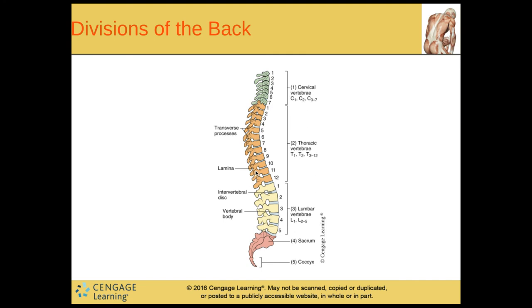This little lamina, which I'll show you when we have Leon, the skeleton, in front of us, is a little T-shaped bony protrusion that helps make up the vertebrae. And then we have these discs. If you've ever heard of anybody that has back trouble, like a bulging disc or a slipped disc, that's what they're talking about, this little section right here. Okay.